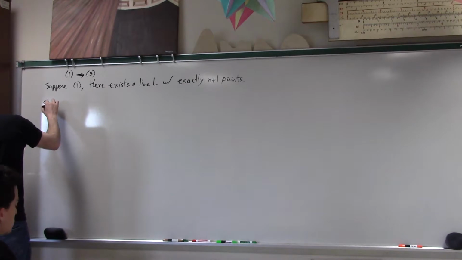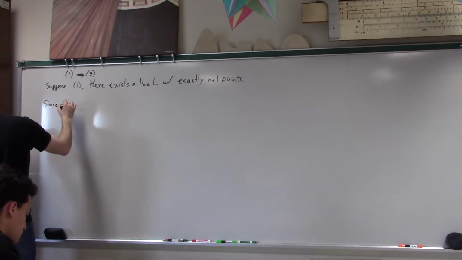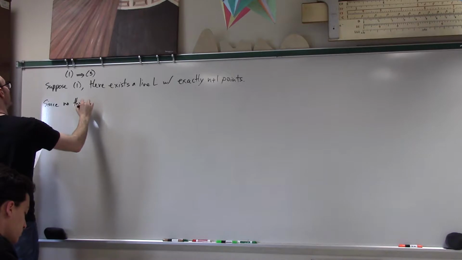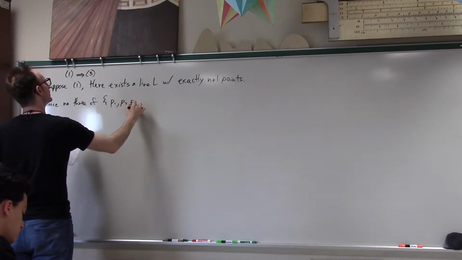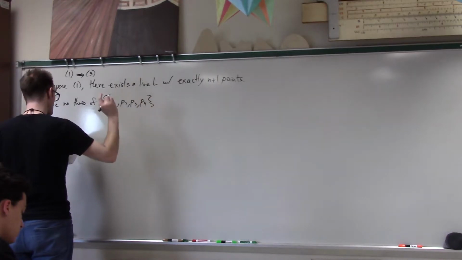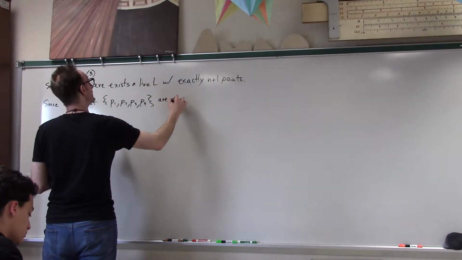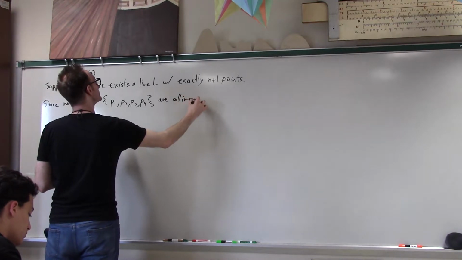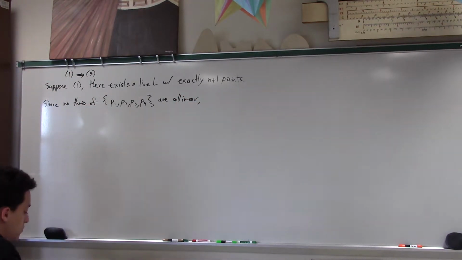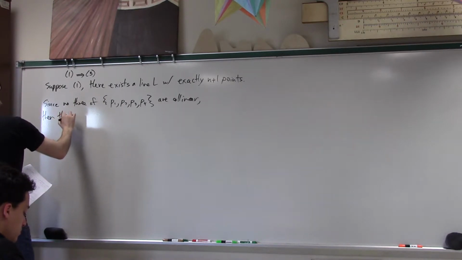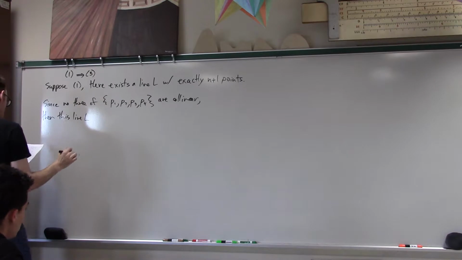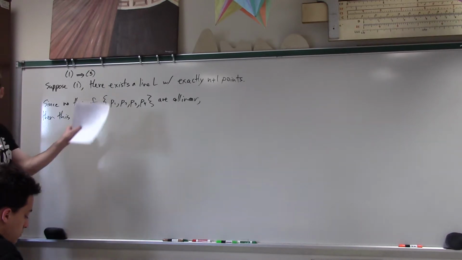Okay, since no 3 of P1, P2, P3, and P4 are collinear, that's built right into FPP3, that there are these 4 core points, no 3 of which are collinear, then this line L can intersect at most 2 of these points.